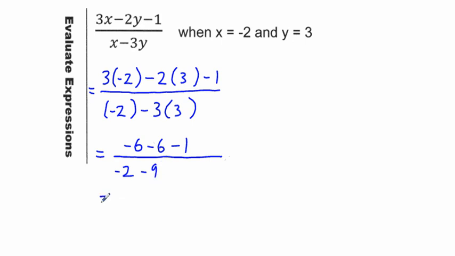So what we have here is -6 minus 6 minus 1, that's going to be -13. And then in the denominator we have -2 minus 9, which is -11. So we are simplifying to the negative over negative cancels. We have 13/11ths as our answer here.